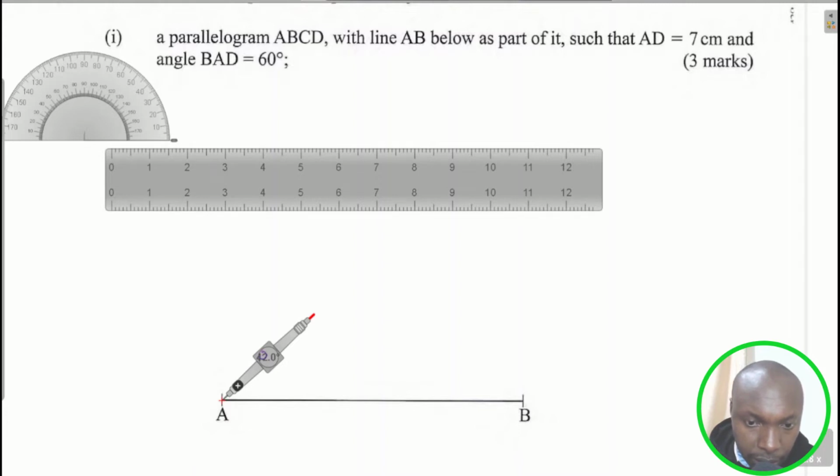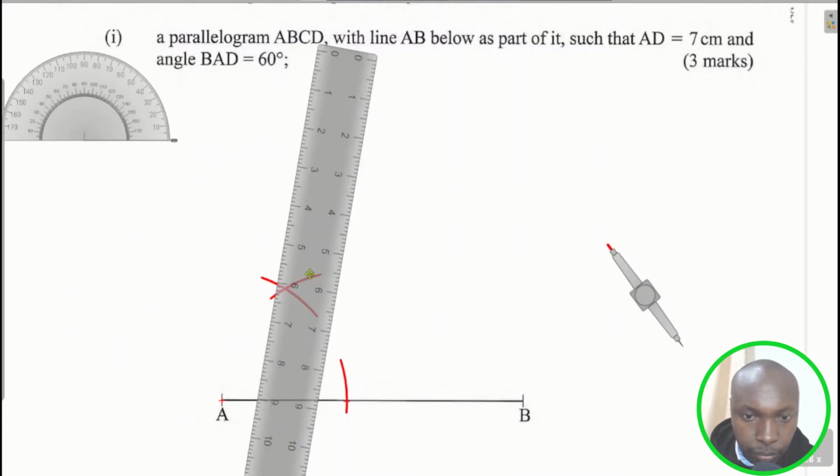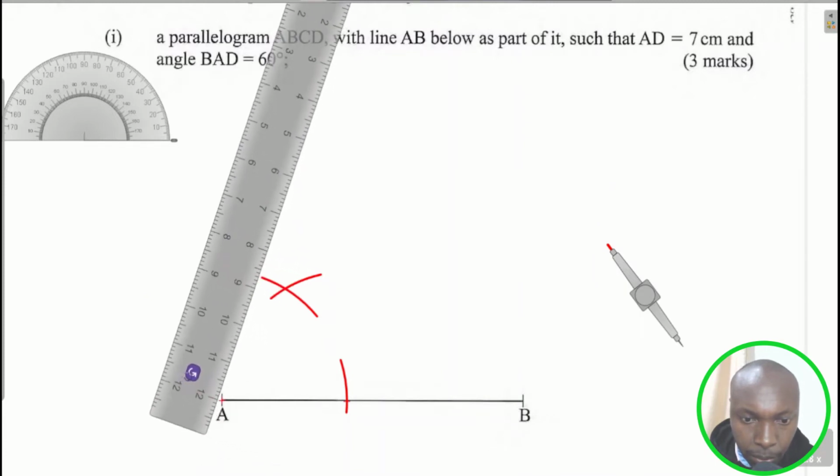You're going to stand at A using any convenient radius, mark an arc there, and then with the same radius, mark another arc there. Then from there you're going to transfer the same without changing the radius. Stand at this arc, and then standing at that arc, without changing anything, you cut that arc. Once you've done that, take a ruler and join point A to the point of intersection of these.